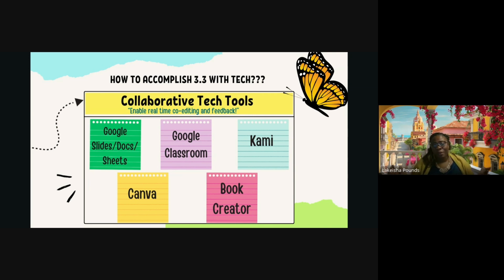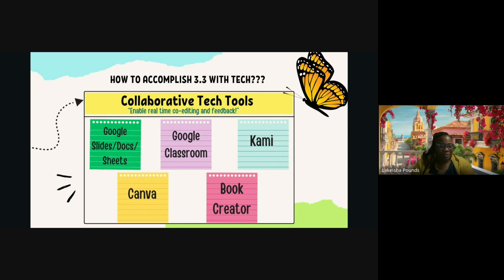Now, do we have several more platforms that also allow this? Yes, but these are just the ones that I listed because then I might be listing forever, right? I think even GeoGebra has the ability to collaborate as well. So there's many different tools. I just narrowed it down to the ones that I know y'all are probably using already, besides the book creator.